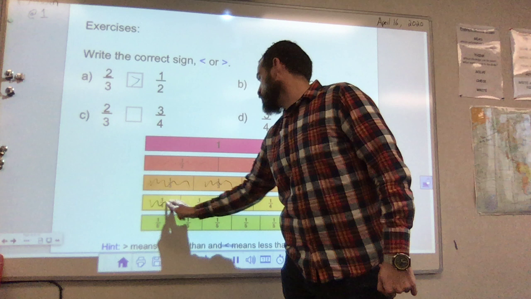So don't let that confuse you, because you're looking at the whole thing, not just the numerator. It's not equal, even though we've got 3's up here. And sometimes you'll have a bigger numerator that's going to be less than a fraction with a smaller numerator. So just keep that in mind. Make sure when you're doing these that you're looking at your fraction strips and using that to compare these fractions.